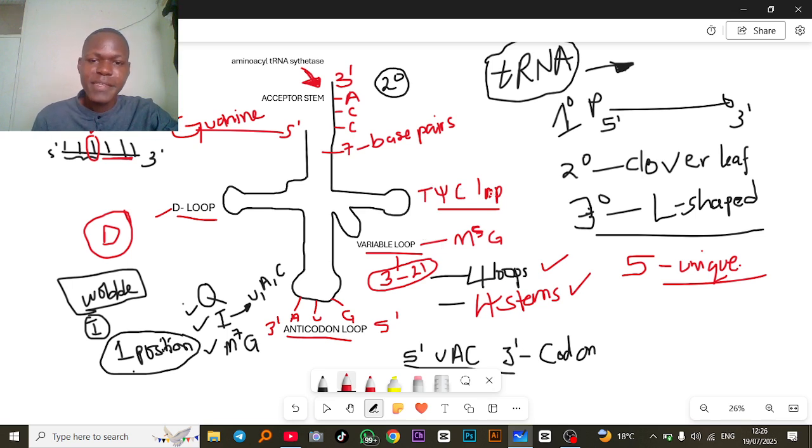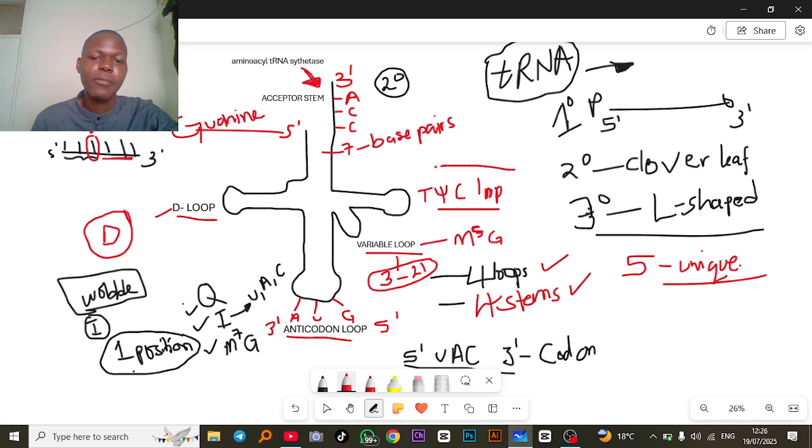And then we can look at the T-Psi-C loop. T-Psi stands for thymine, pseudouridine, and cytosine loop, or you find some books calling it the ribothymidine, pseudouridine, cytosine loop. You get? So that is it. But you can take it as thymine, pseudouridine, and cytosine loop.